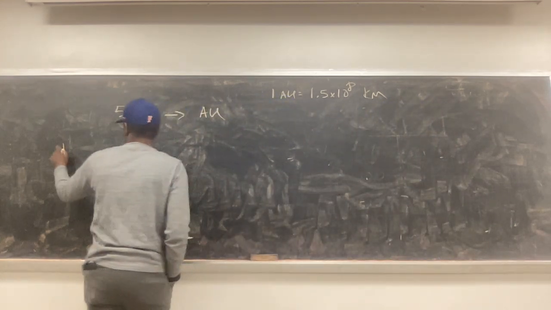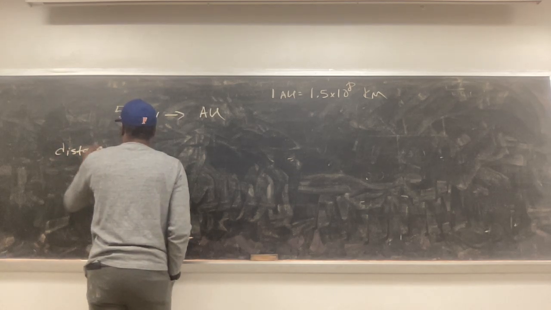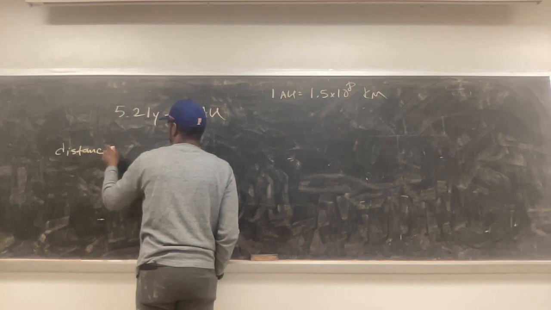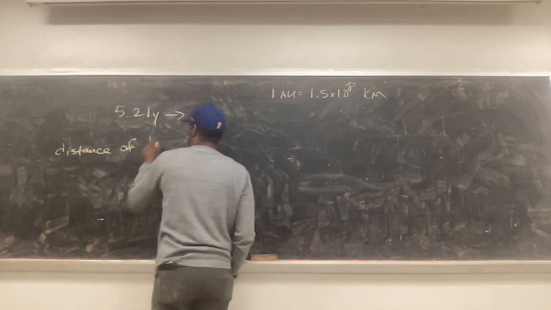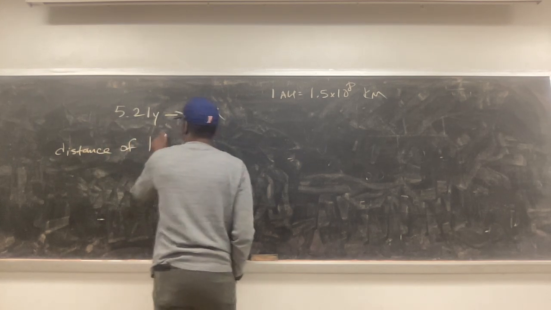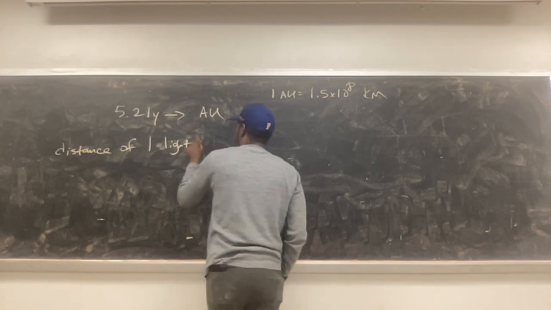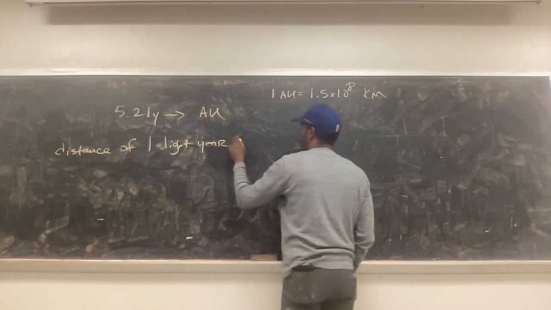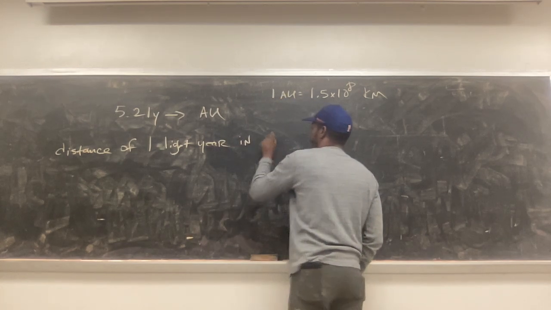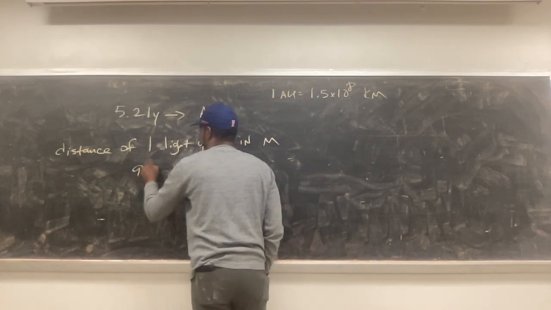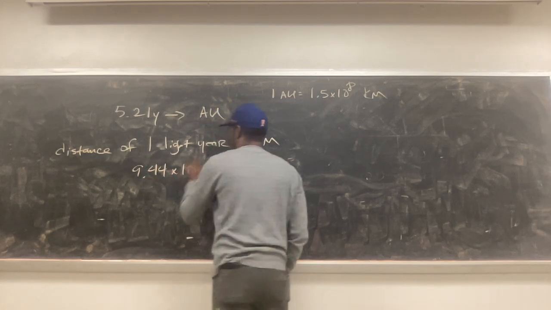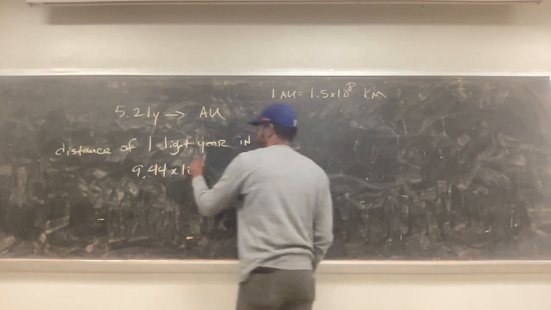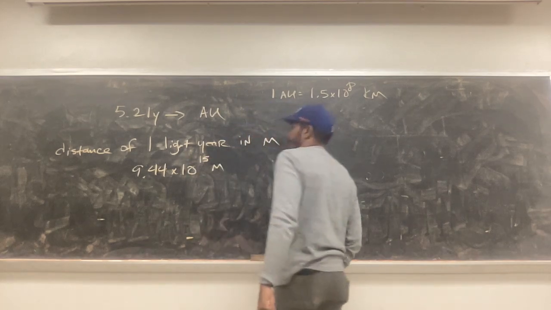Okay, so y'all should pretty much have that memorized by now, right? The distance of 1 light year in meters is what? 9.44 times 10 to the 15 meters, right?